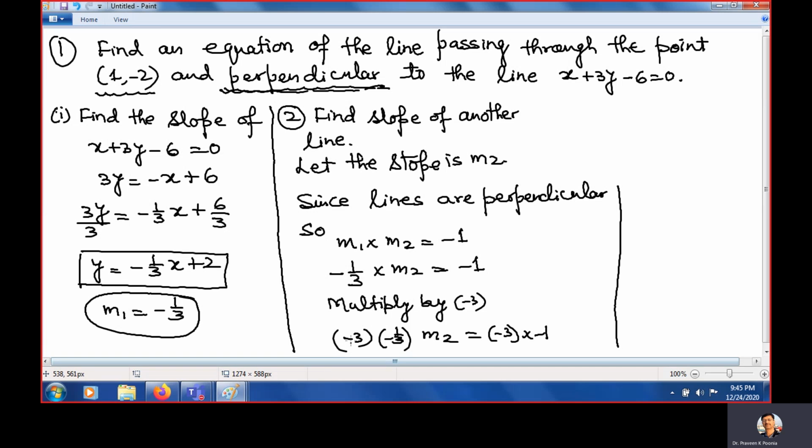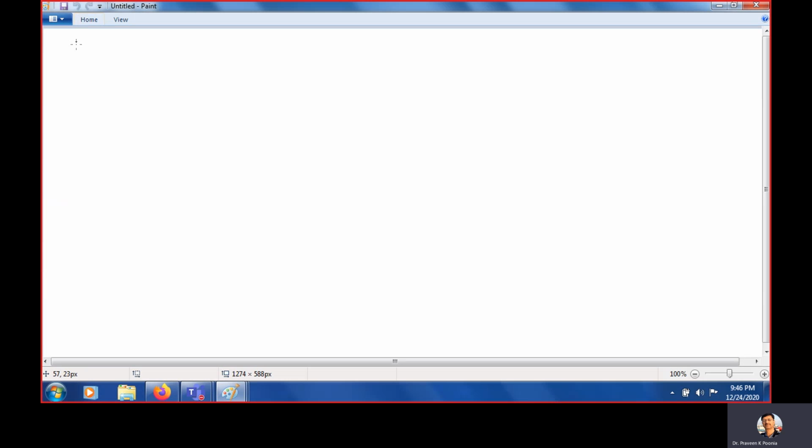And if you find it, minus cancels, 3 cancels. So m2 is equal to minus, minus cancels, it is 3. So the slope of the perpendicular line, look, the slope of this line is minus 1 upon 3. But for a line perpendicular to this, the slope is plus 3. So step number 3. What is step 3? Now find the equation.